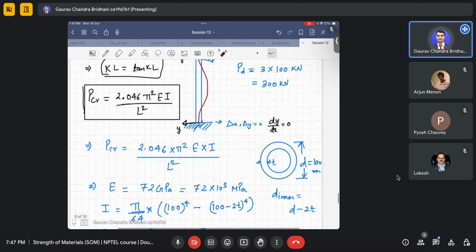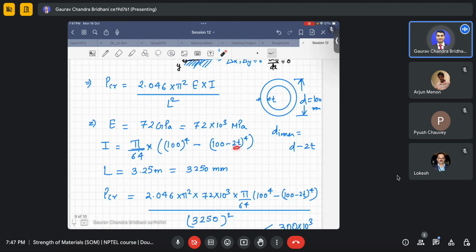Let me check. If I take 7 instead of 6, this quantity becomes less. 2t, if t is higher, 2t is higher, but 100 minus 2t is lower, and this quantity being lower, this quantity is higher.